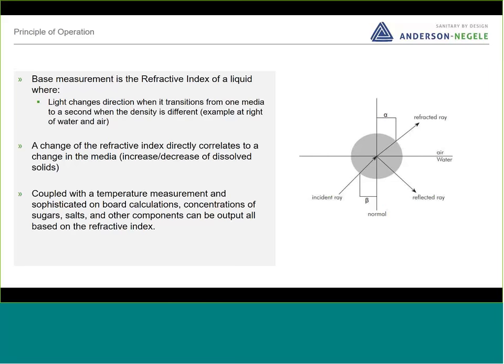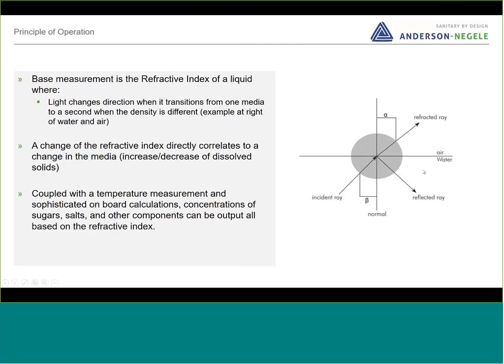And so it measures in a liquid the refractive index. The picture on the right depicts how the refractive index is achieved through the interface of two media.